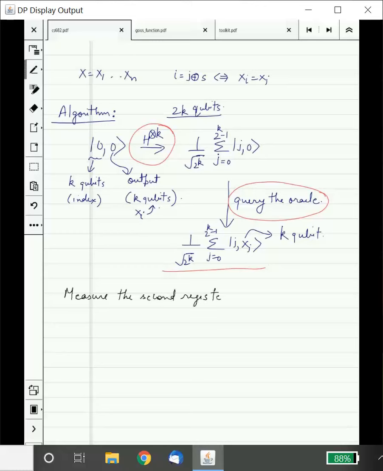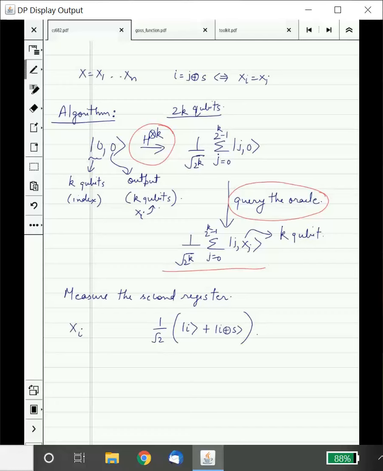In this case, if I measure xi, the first register should have a value. This might take a bit of thinking, but make sure that you are convinced. You can pause the video at this point and see that this is going to happen.